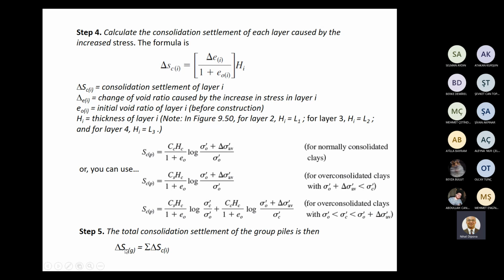S represents settlement, sub C is used for consolidation settlement, and this G represents group. Consolidation settlement of pile group.